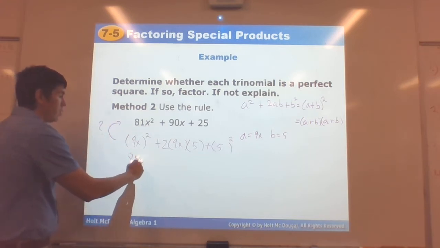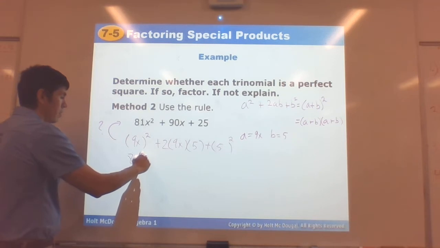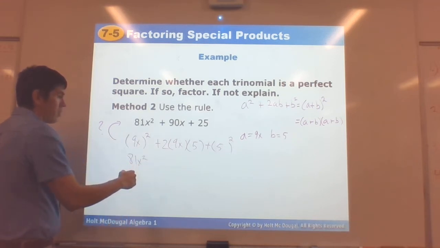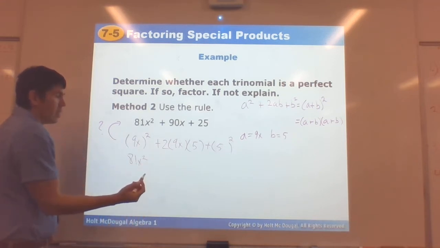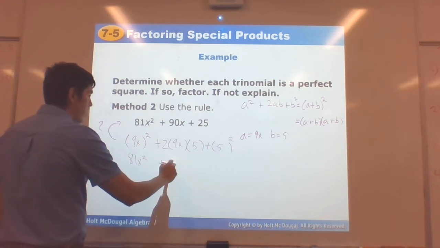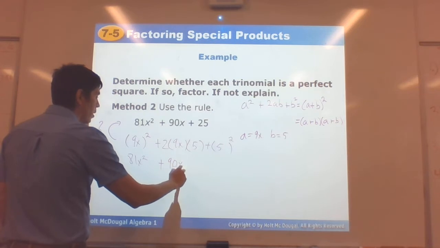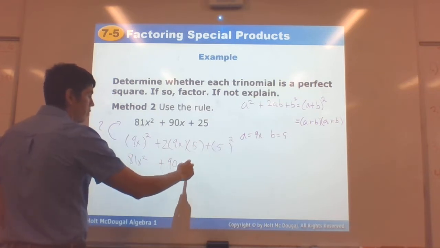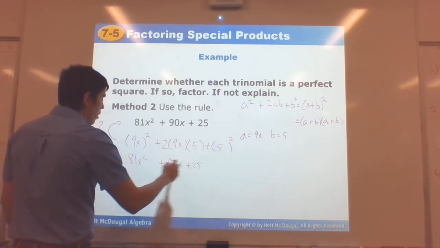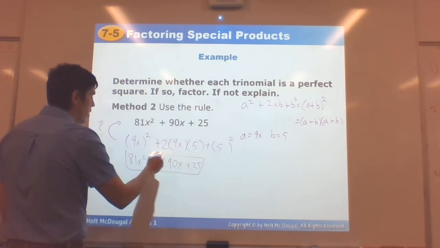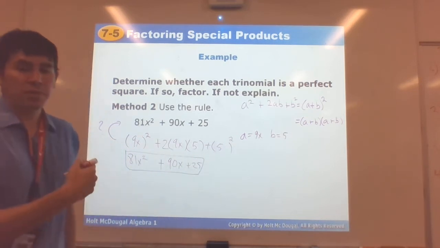We have 81x squared. That matches, so far so good. 9 times 2 is 18, and 18 times 5 is 90. So that matches up. And then 5 squared is going to be 25. So we can say that this is a perfect square trinomial.